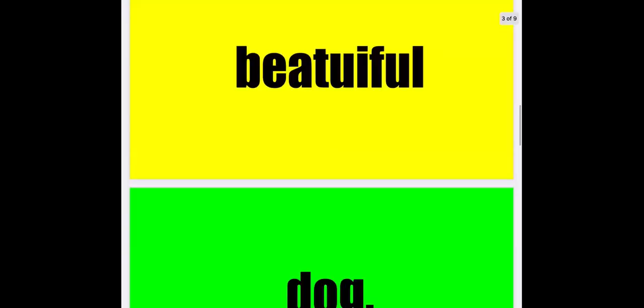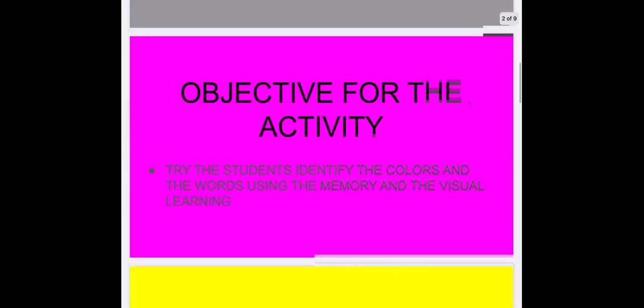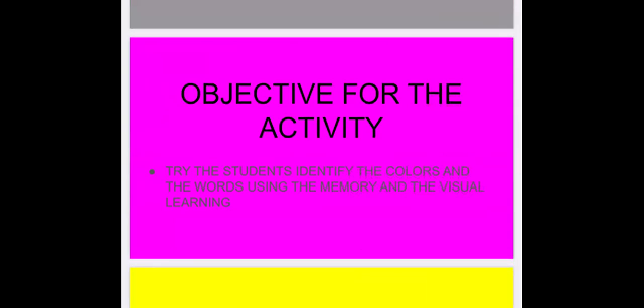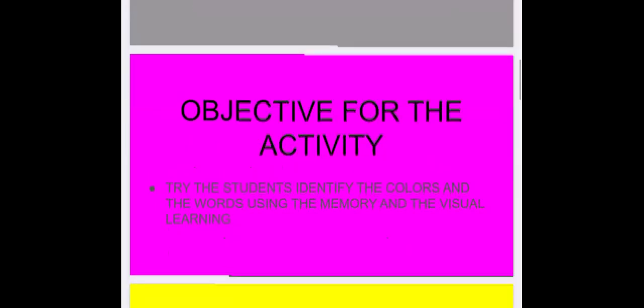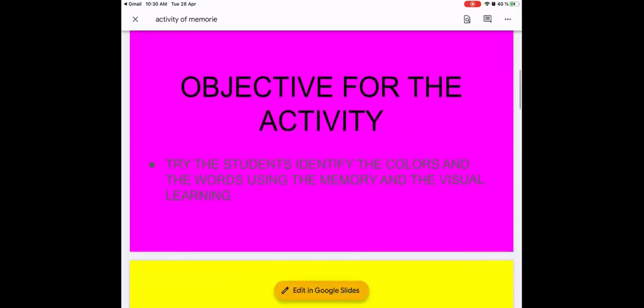The students recognize the sentence by the colors of the screen. What I did is that all the students remember the color, because children identify very well with visual activities. And the memory is very simple.